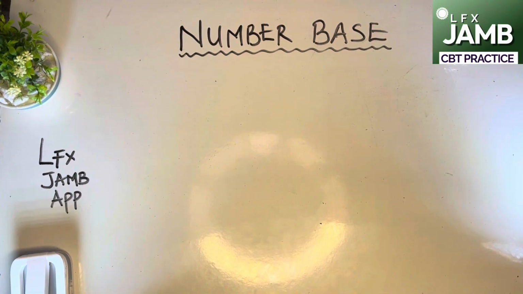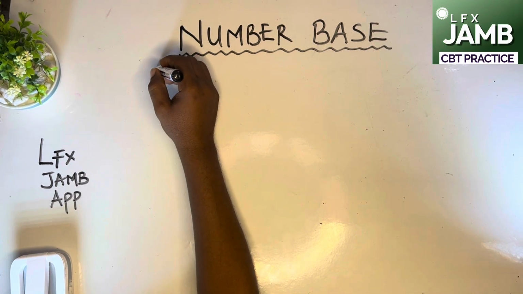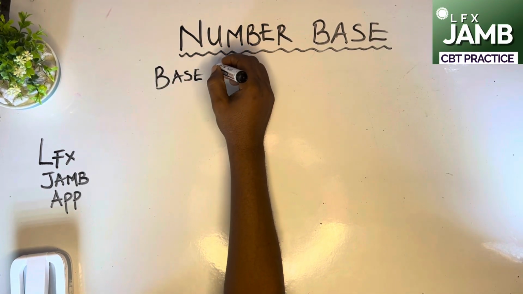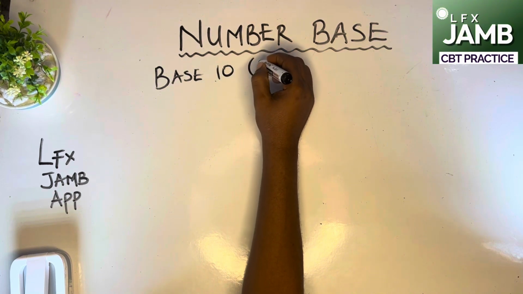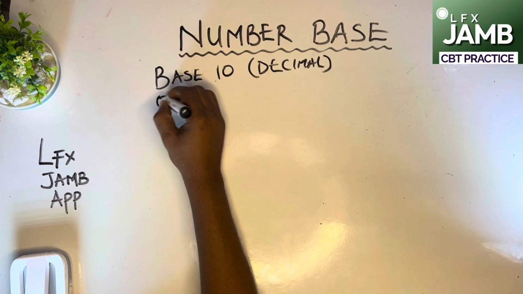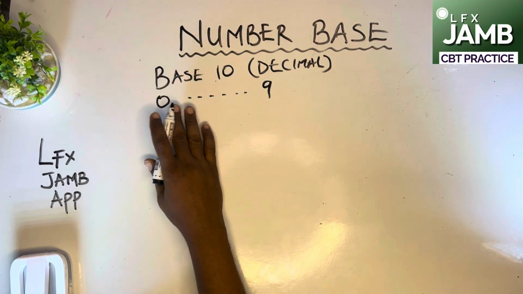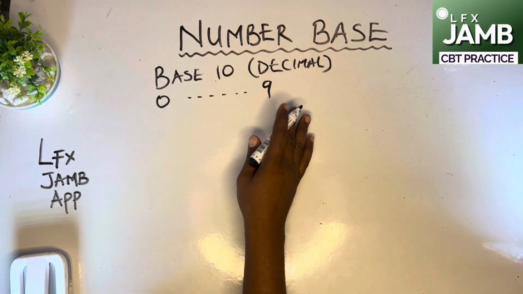Counting numbers can come in different bases. We have the base 10 numbers, which is also known as the decimal numbers. A decimal number ranges from 0 up to 9. So we can count 0, 1, 2, 3, 4, 5, 6, 7, 8, 9.